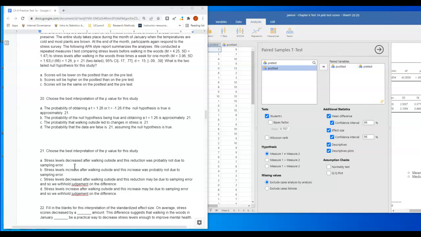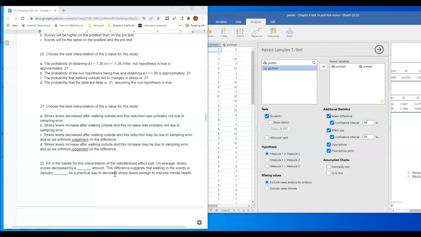So this data are pretty consistent with the null hypothesis that that difference we're observing between 4.25 and 3.96 is not really a real difference. It seems likely that it's due to sampling error. Right? So we would say here that stress levels did decrease after walking outside, and that reduction may be due to sampling error. And so we're going to withhold judgment on that difference. Right. All right. And I spelled judgment incorrectly.